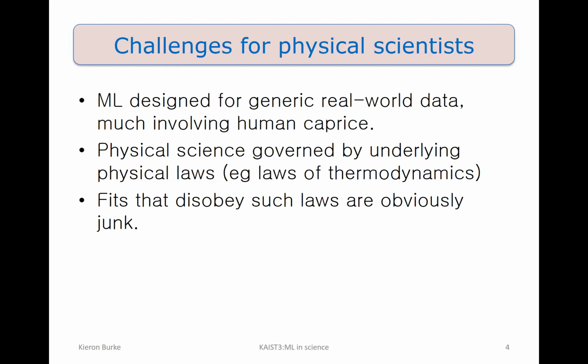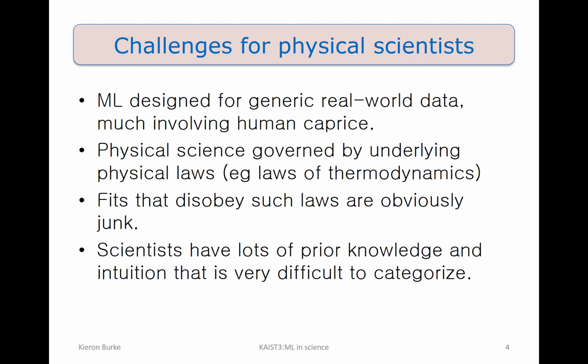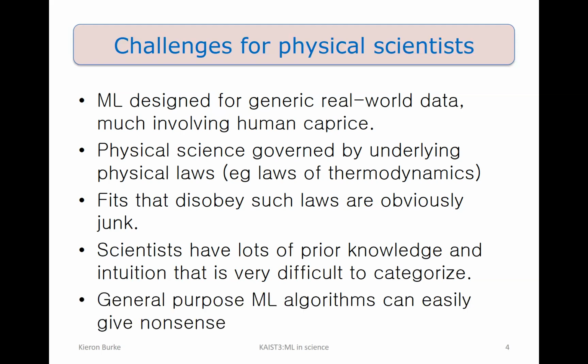Like you look at a picture, a graph, and if you're not able to figure it out yourself, you show it to your professor and he tells you what's wrong. So scientists have lots of prior knowledge. That's why you spend however many years getting a PhD, postdocing and all that. And it's very difficult to put that into a computer.